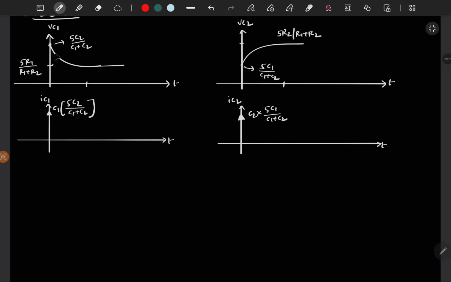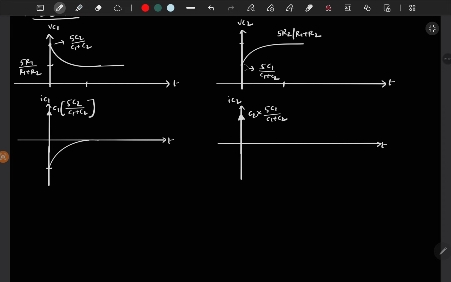And since C1 is discharging, there should be current flowing out of the capacitor C1. It means it is negative, and it is going to some steady state value, which means the current through C1 should be 0 at steady state. So this amplitude of IC1 should be negative and this should go to 0. Similarly, since C2 is charging, there should be current flowing into the capacitor, which means IC2 is positive.